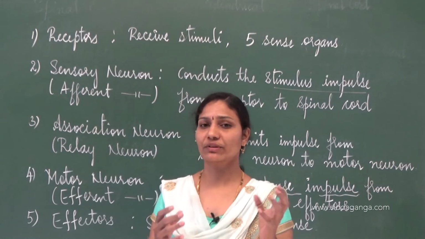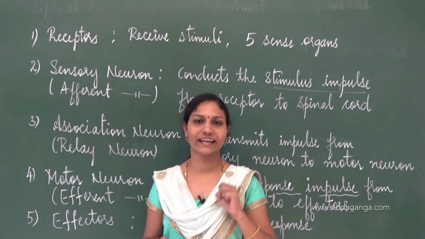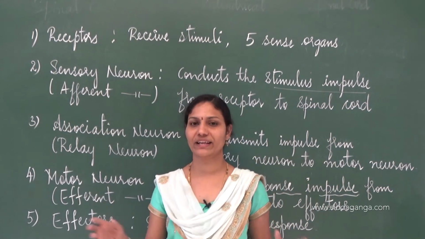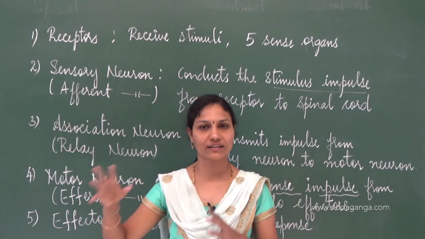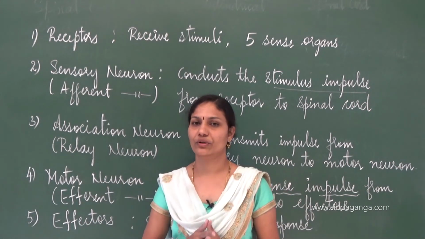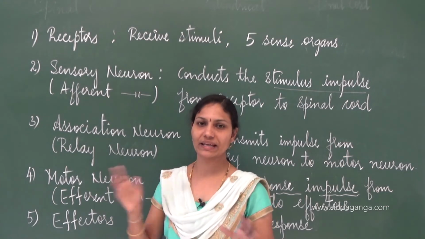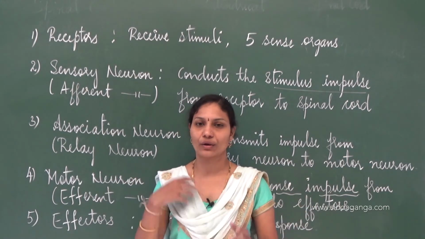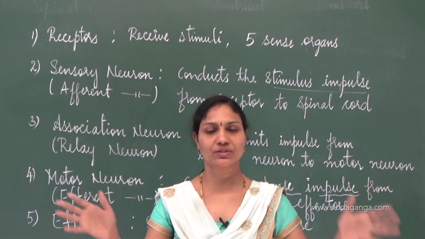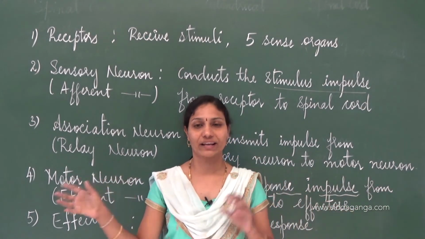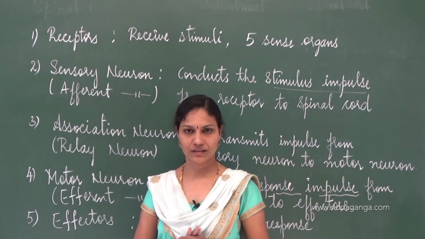And the one responsible for all these things is the brain, the master. The brain has several centers for intelligence, memory, emotions, decision making, analytical thinking, logical reasoning. For all these things, the brain has centers.